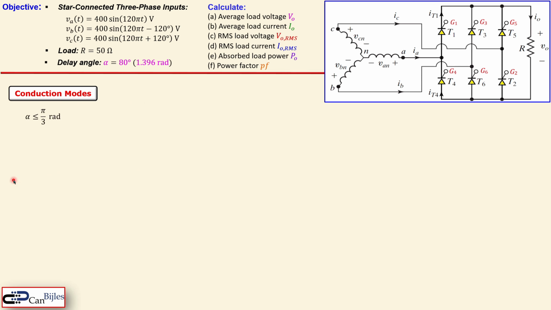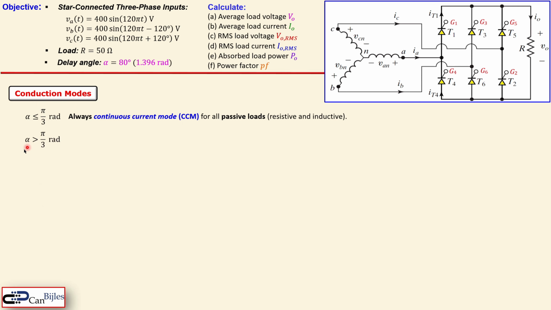Now, if you have your delay angle alpha, which is less than or equal to pi/3 radians, which is 60 degrees, that means you have always a continuous current mode, CCM, for all passive loads. Whether you have a resistive load or capacitive load or inductive load, you will have for this condition a continuous current mode.